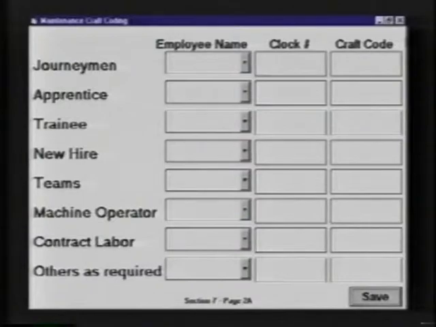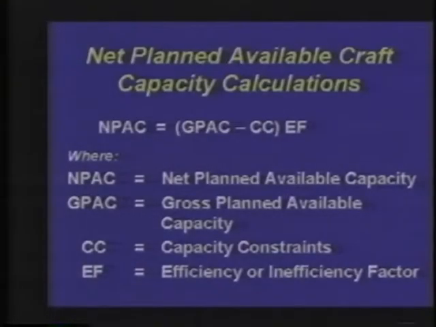Now, moving on to page number 3, here we are showing you the formula for craft capacity planning. And this is identical to the data elements that I reviewed for you on page 1. Let's go through the formula, and the data elements are listed below.